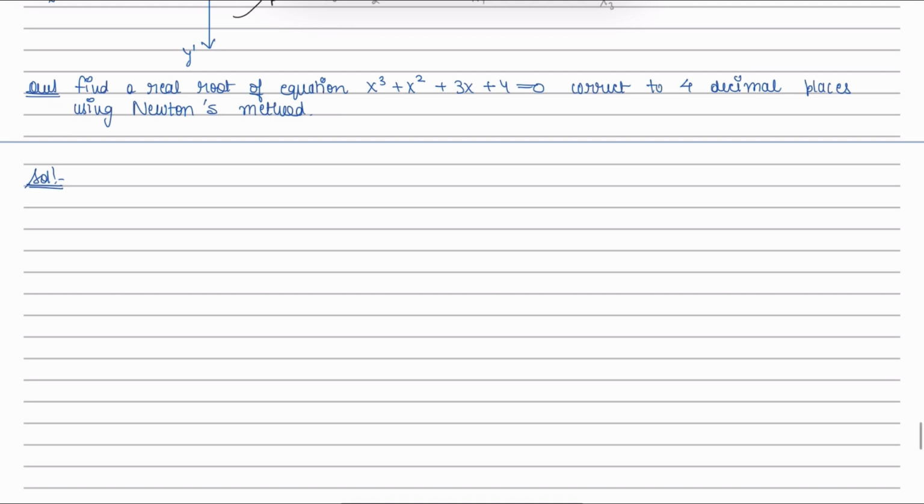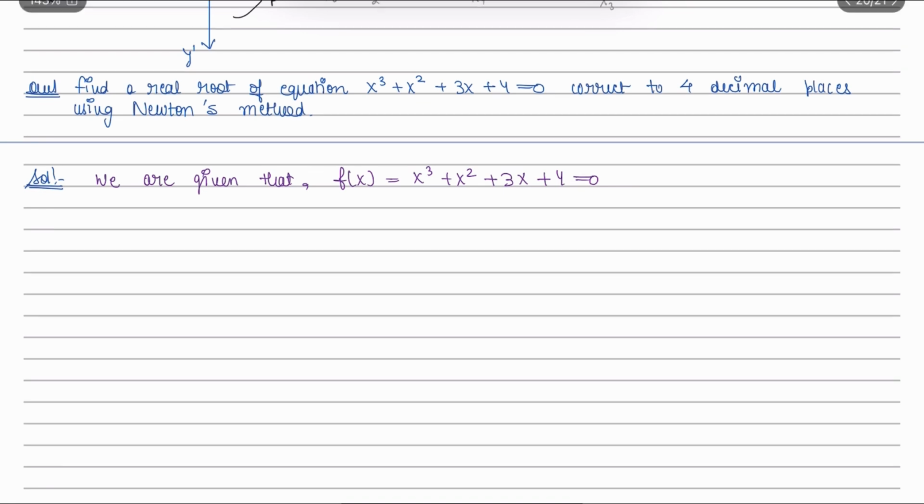For that we are given f of x is equal to x cube plus x square plus 3x plus 4 equals to 0, implies the derivative of this function with respect to x is 3x square plus 2x plus 3.